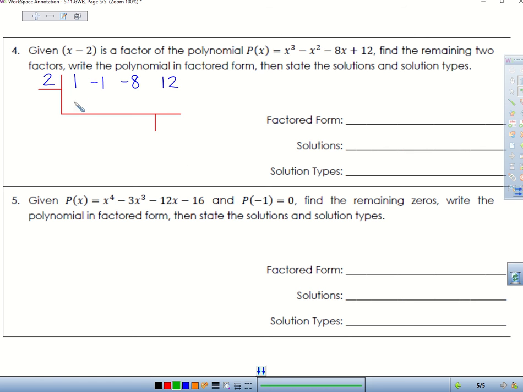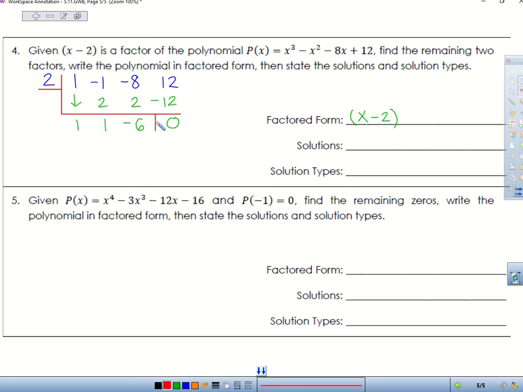Good. Bring down the 1, multiply, combine, multiply, combine, multiply, and combine. So that confirms for me that this is part of the factored form, since it gave me a remainder of 0.